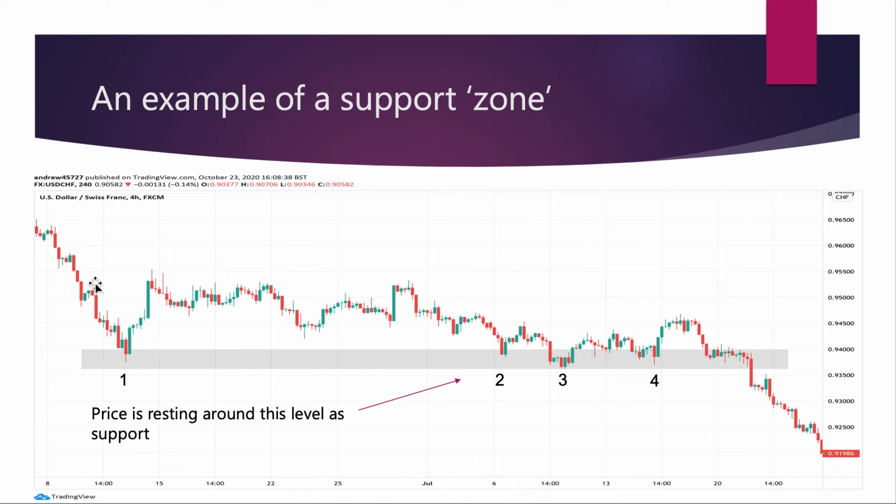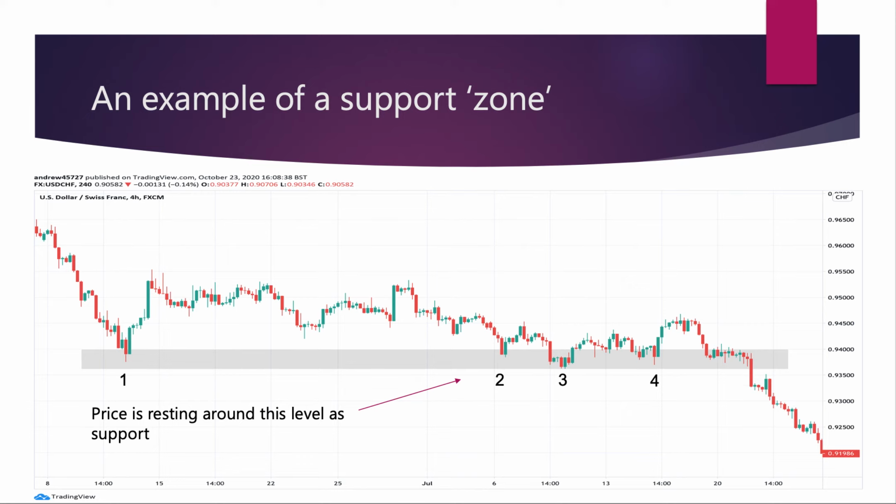However, once you draw a zone, you cover three and four, and even number five at the end here before the break. You cover all of that, and it's a nice resting level for price, and you can use it as a support zone. Once again, you can see price broke out of this zone, which makes it no longer a support zone. It's not credible anymore because it's been broken through.